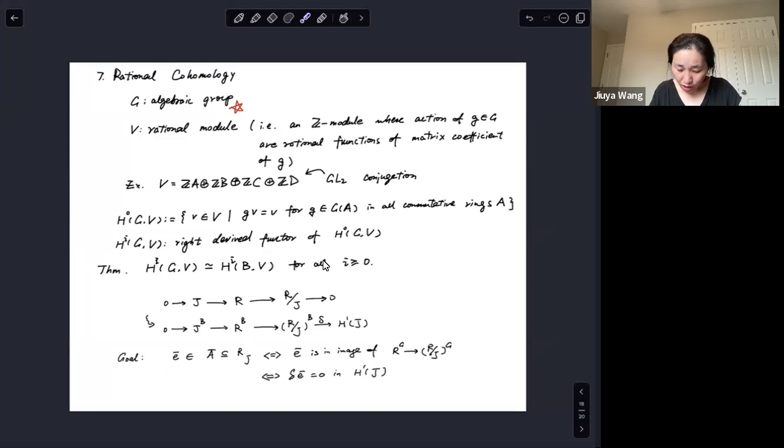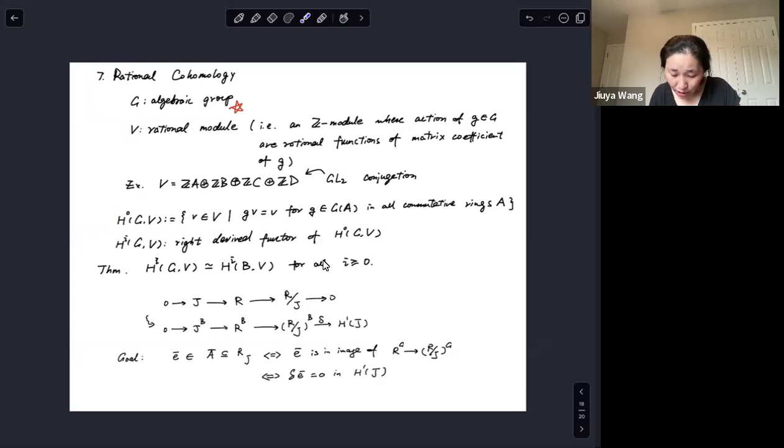Looking at this short exact sequence, we can associate to our ideal J a long exact sequence, where this R fixed by B we now know is isomorphic to R fixed by G, which is just A. And now our element E bar is lying in R mod J fixed by B. If we can show it comes from an element in R fixed by B, then it is exactly saying that it is contained in A bar.